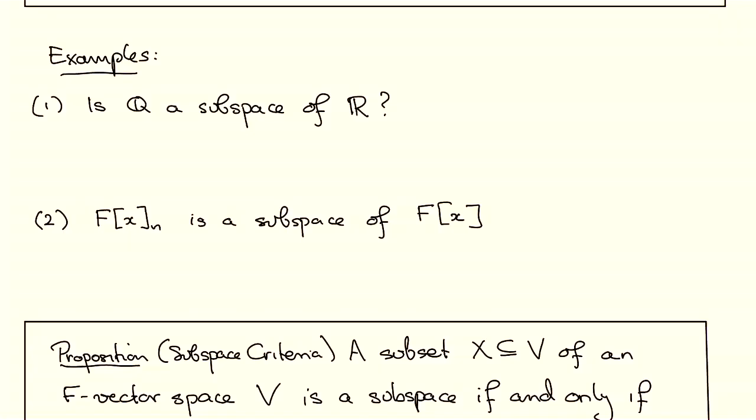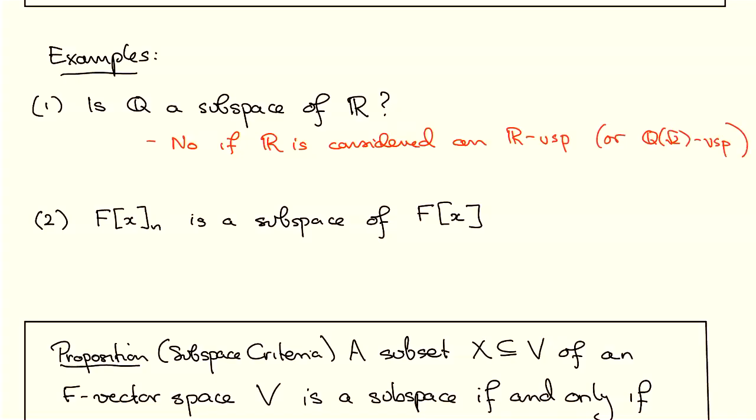But if I'm considering R instead as a Q vector space, then yes, Q is a Q subspace of that Q vector space R, because it satisfies all the axioms. We're going to get to the subspace criteria in a second, but it should be clear enough. So it's a bit ambiguous. So no, if R is considered as an R vector space, or for that matter, a Q adjoined root 2 vector space, which it is as well.